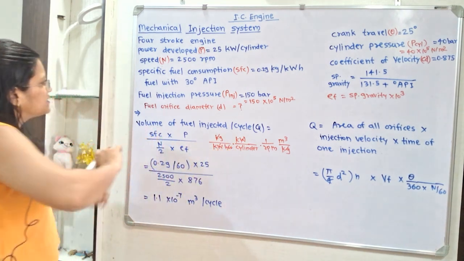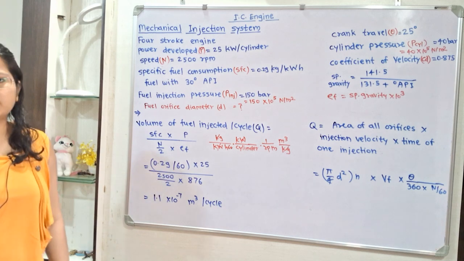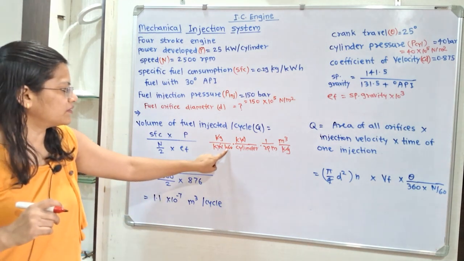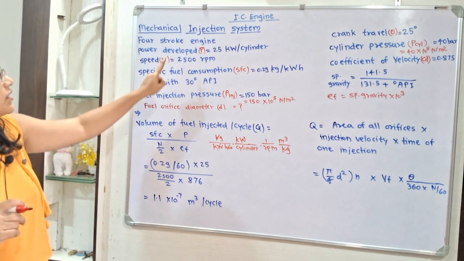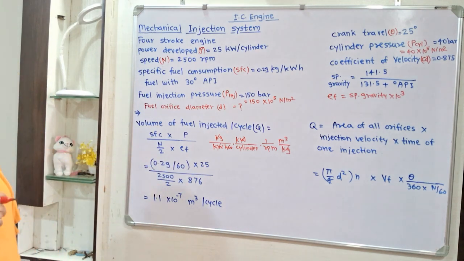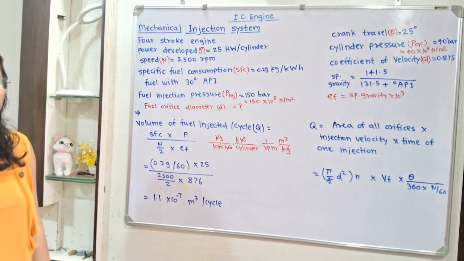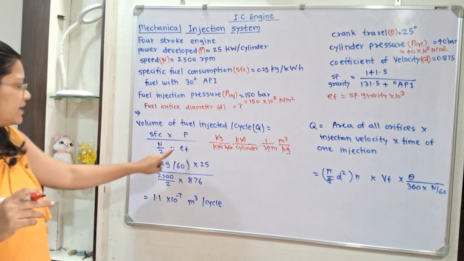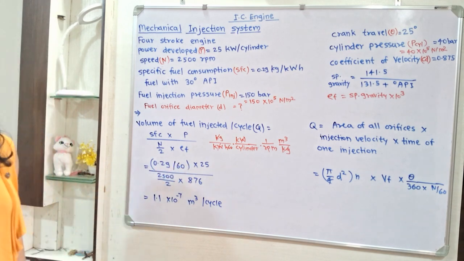So SFC is equal to 0.29 divided by 60, because per kilowatt hour. So here we will take 60 multiplied by power output 25, so it is 25 kilowatt per cylinder. Then N by 2, 2500 by 2 revolution per minute, and density 876 meter cube per kilogram.